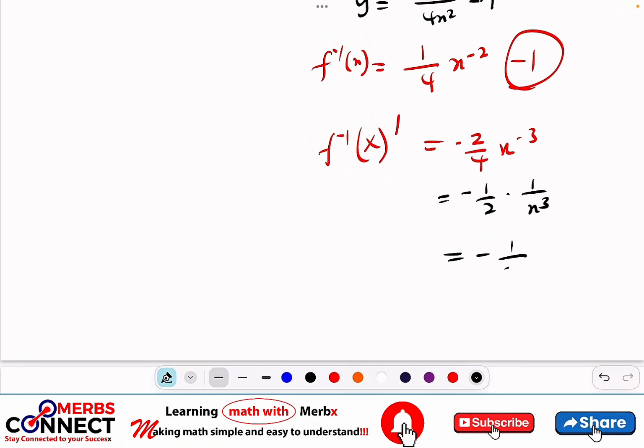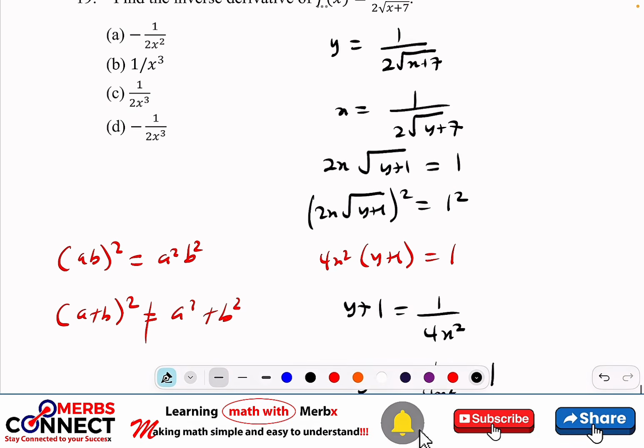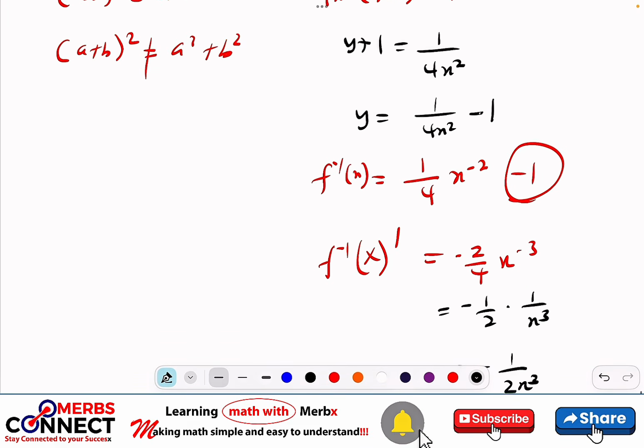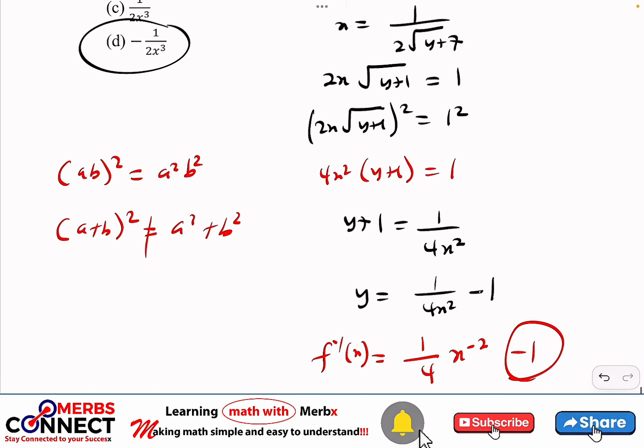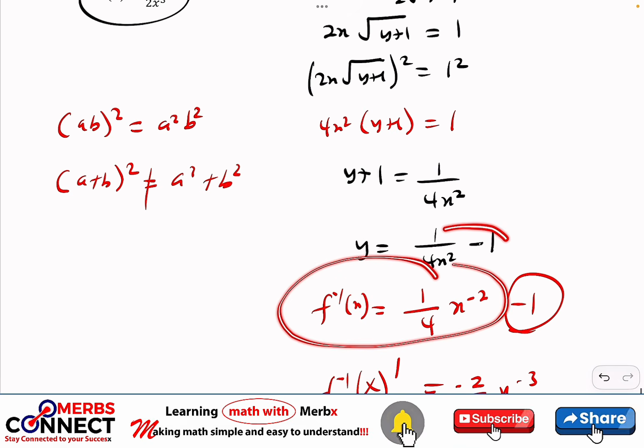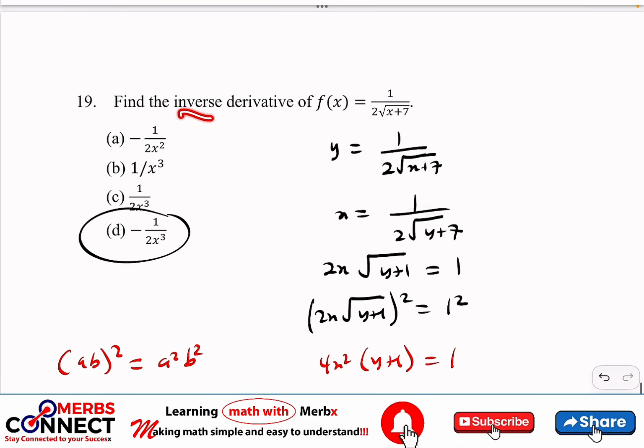So minus 1 over 2x to the power 3. So this is what we are going to get, and right here. So what I did here is we found the inverse, which is here, and we took the derivative. The question is saying inverse derivative. So inverse, then we take the derivative, or the derivative of the inverse. You find the inverse and you take the derivative.